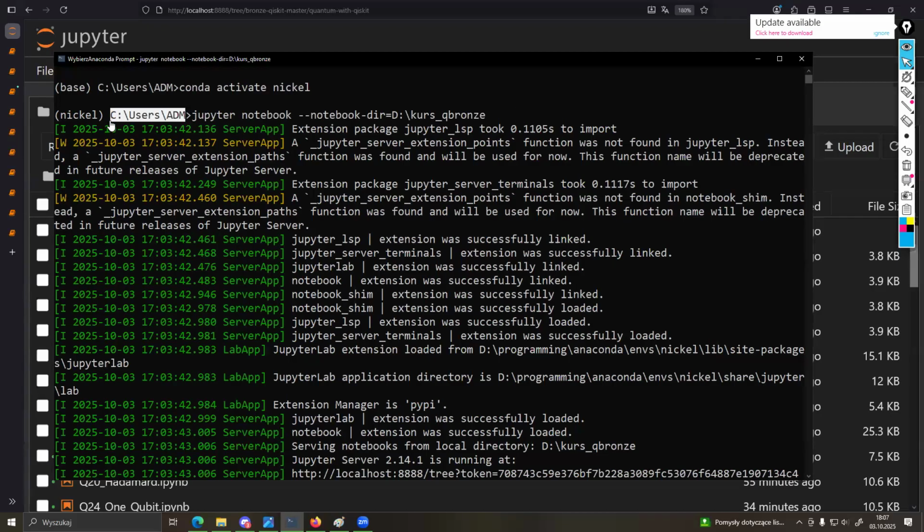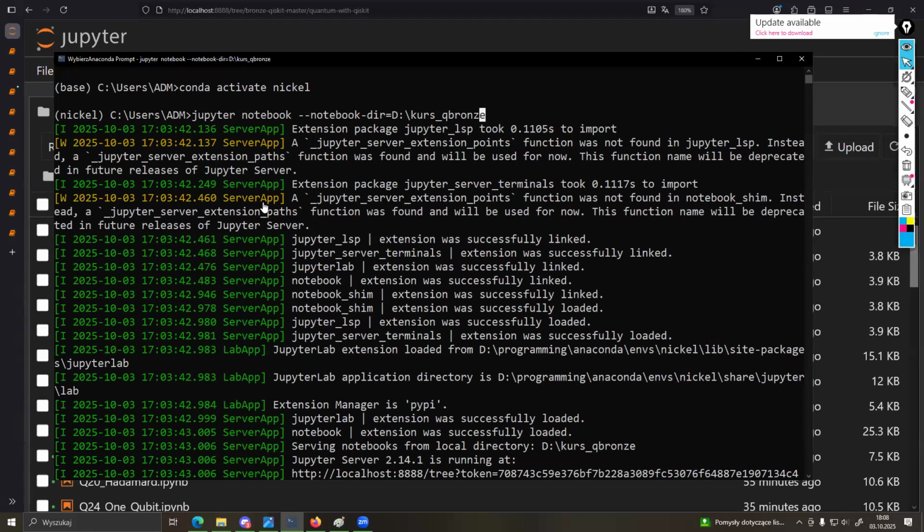For example, I have the C users ADM location, and if I want to open a specific directory, I can do this with the parameter notebook-dir. I do every single thing that I have just described inside of the Anaconda prompt.